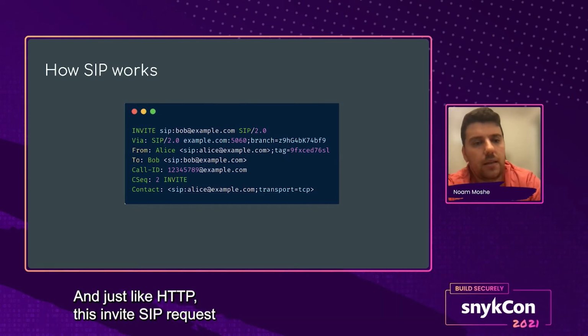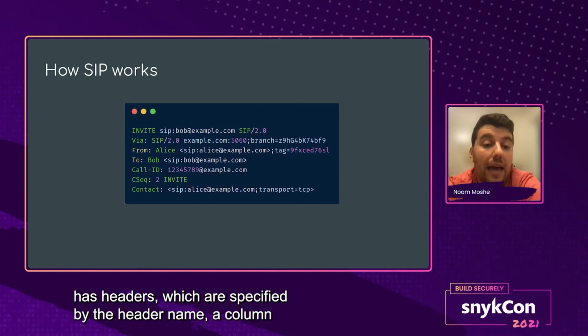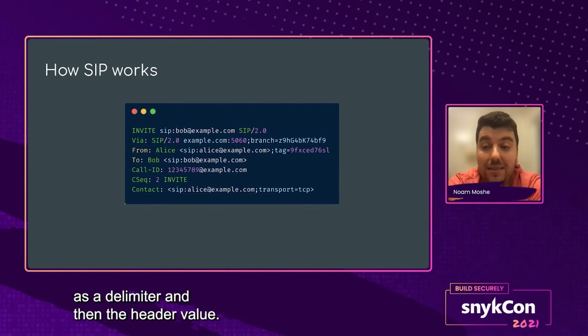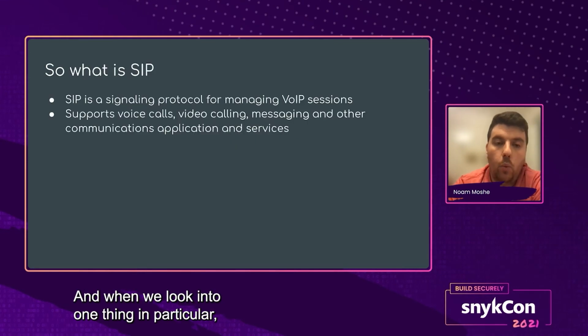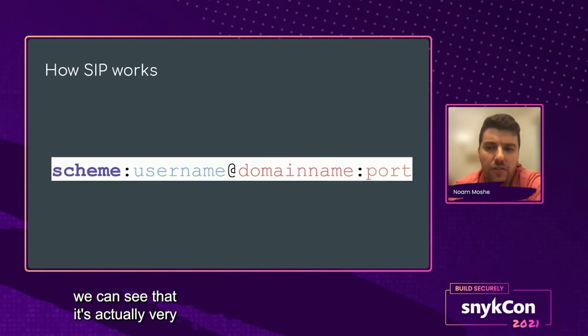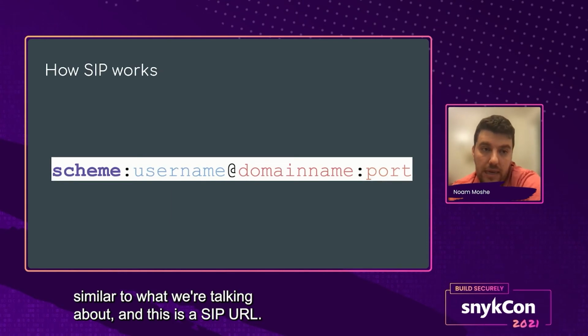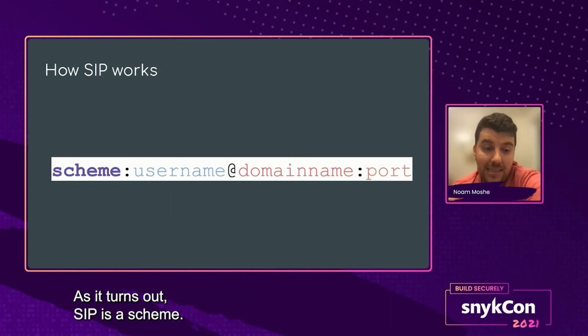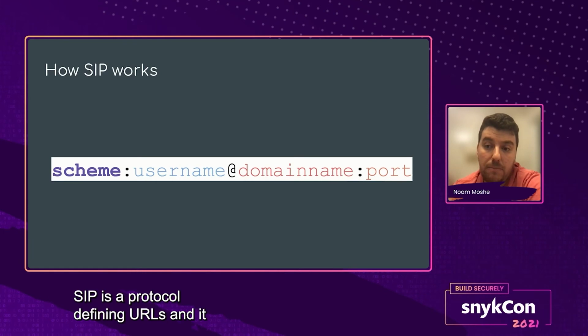Just like HTTP, this INVITE SIP request has headers, which are specified by the header name, a colon as a delimiter, and then the header value. When we look at one thing in particular, we can see that it is very similar to what we're talking about, and this is a SIP URL. As it turns out, SIP is a scheme. SIP is a protocol defining URLs.